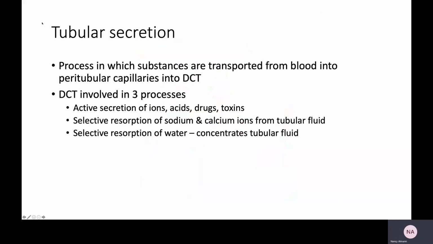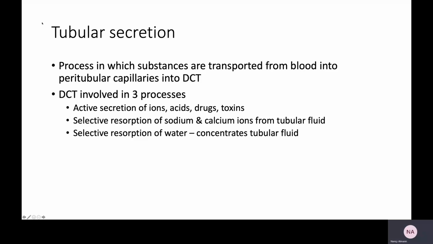Now, tubular secretion occurs mostly in the distal convoluted tubule. That's what DCT stands for. It is the process in which substances that are not supposed to be in your circulatory system get moved into the distal convoluted tubule.